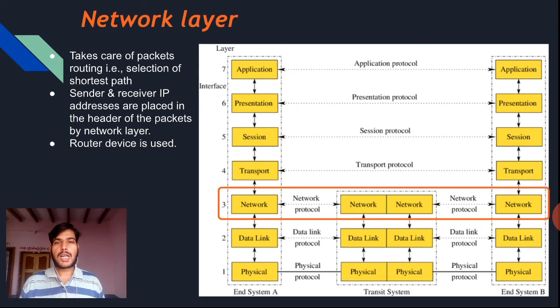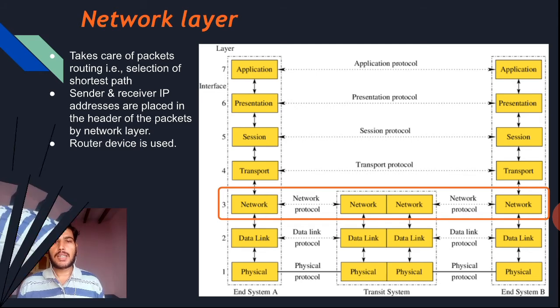In a computer network, each and every computer or host is connected to the internet and identified by using an internet protocol address. These IP addresses are placed in the packet's header so that it is very helpful in identifying the right destination, so that whatever message we transfer reaches the right destination. So this routing functionality is done with the help of the network layer.